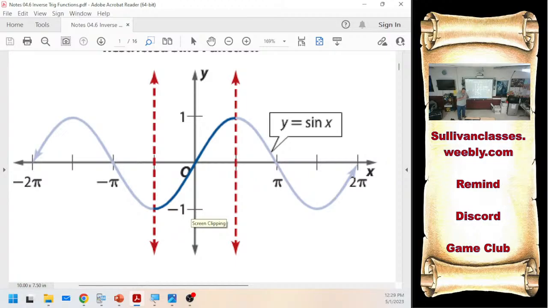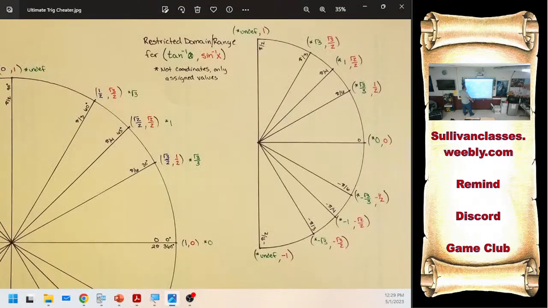So just like with other types of functions, I have to restrict it. I have to say, what is the range of values that I ever see? I go from -1 to 1. All right, pick a part of the domain where I will hit all of the values from -1 to 1 so that I see the entirety of the function. And that's just my unit circle.